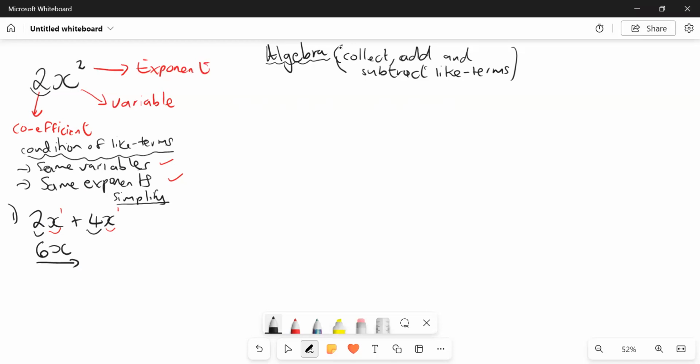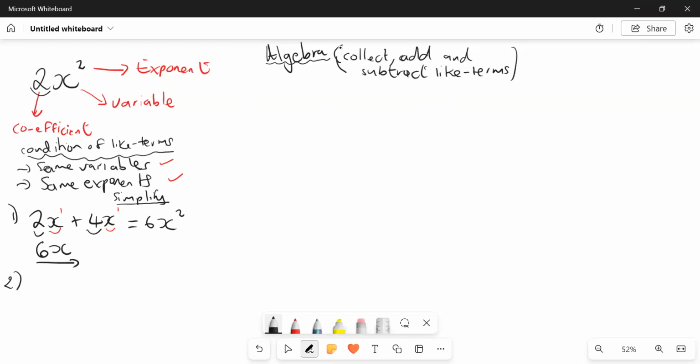So you can't say 2 plus 4 and then write 6 followed by x squared. Whenever you add like terms, you only add the coefficients. Do not add the exponents. You can only add exponents if you're multiplying the bases, right? I hope you all are following.